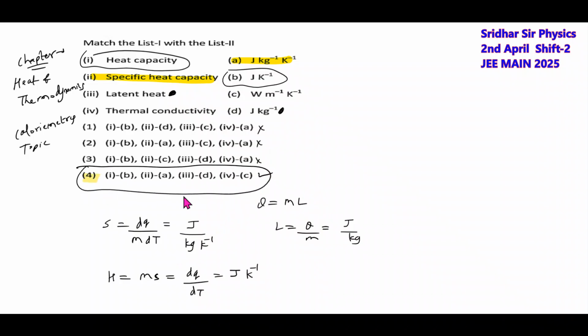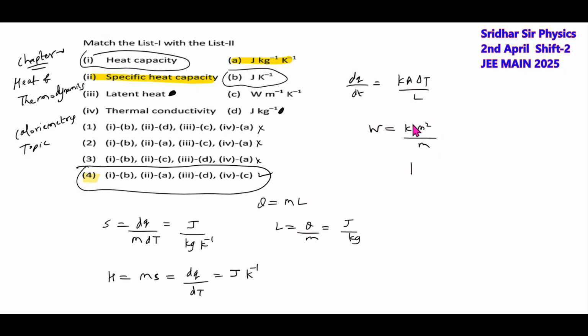These are just formulas and definitions. You must know thermal conductivity, which you already know. Thermal conductivity: dQ by dT equals K A times temperature difference by L. dQ by dT is watt, A is meter square, temperature is Kelvin, L is meter.